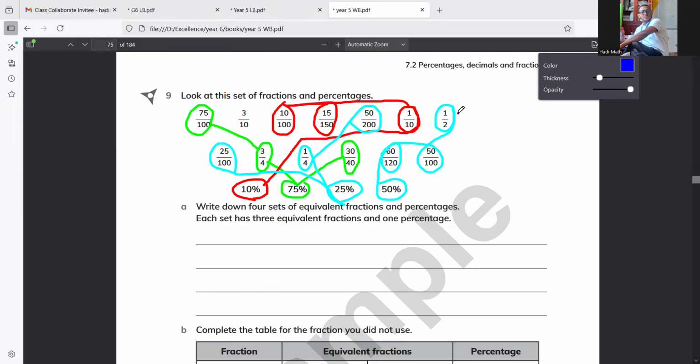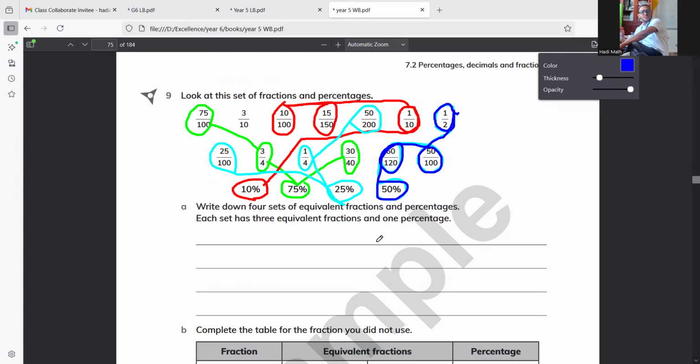I need to do this one again. So I could have a different color here for these, because those are different than those. Yes. Like this, our group.